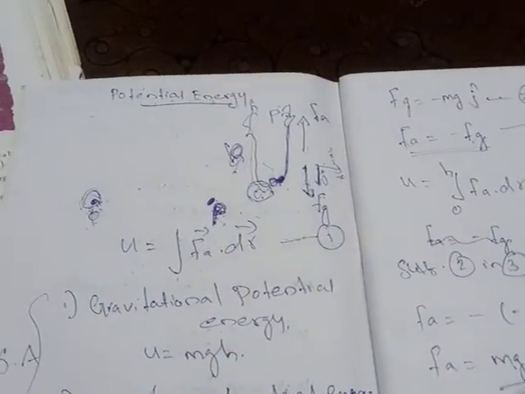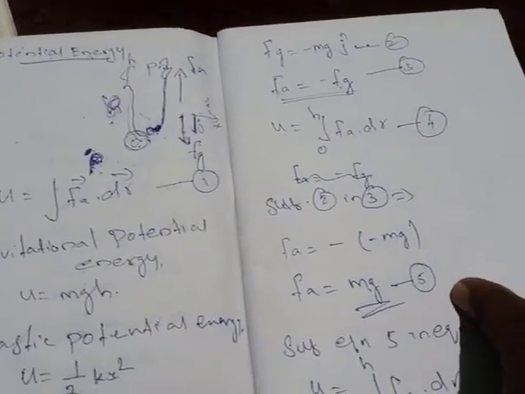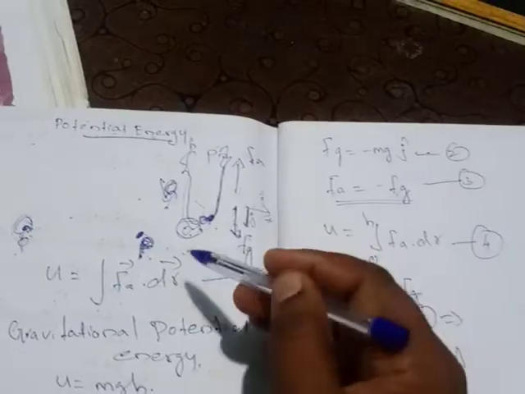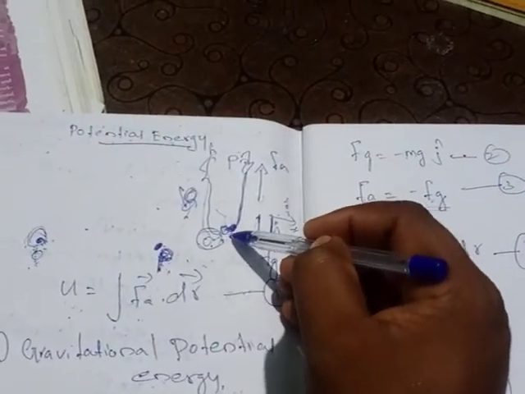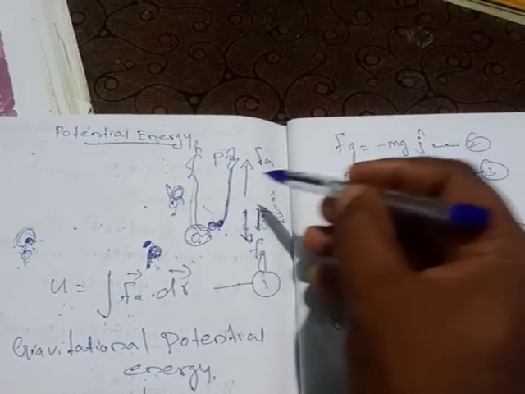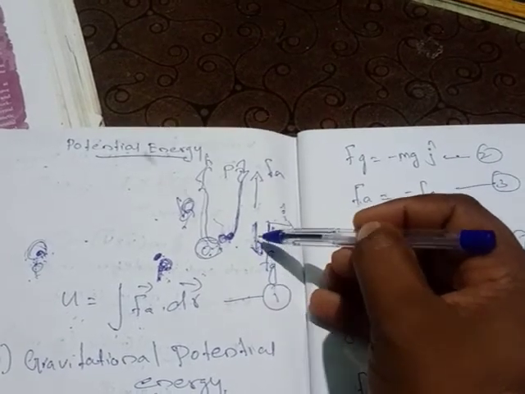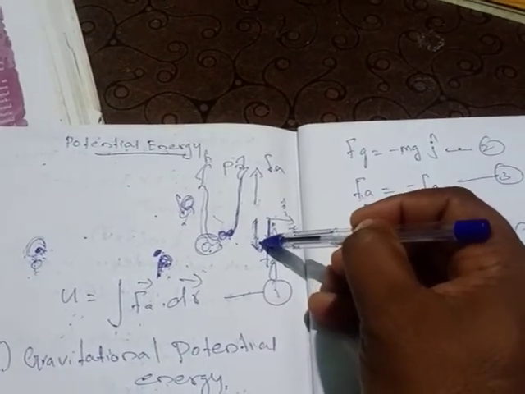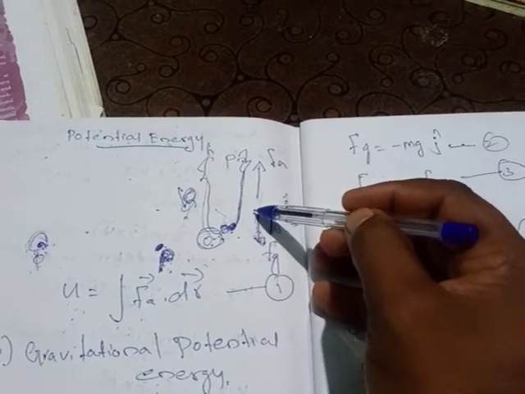Now we know that when we are lifting this object from the point O to P, we are moving this object against the gravitational force. Gravitational force is acting downward, and the external force which is applied is in the upward direction.